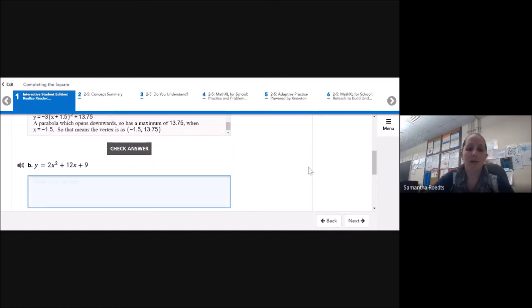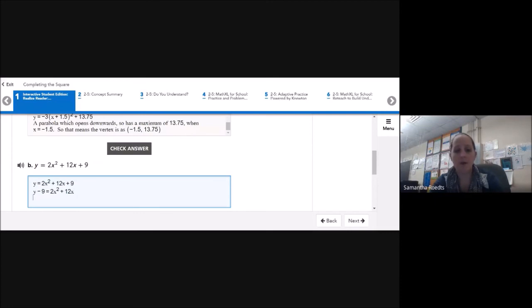All right, B, y equals 2x squared plus 12x plus 9. So I'm going to rewrite my equation. Okay, so I'm going to subtract 9 from both sides. So y minus 9 equals 2x squared plus 12x. Okay. From here, I'm going to complete the square.